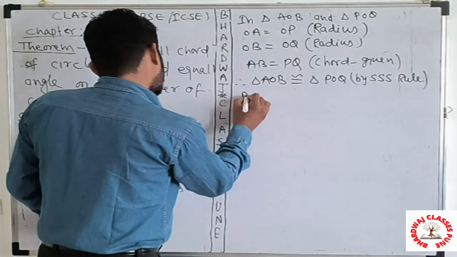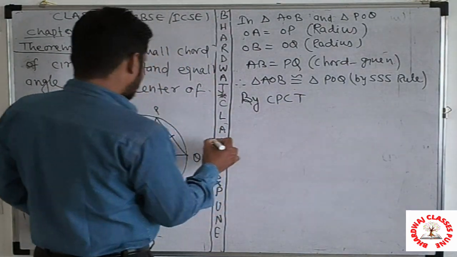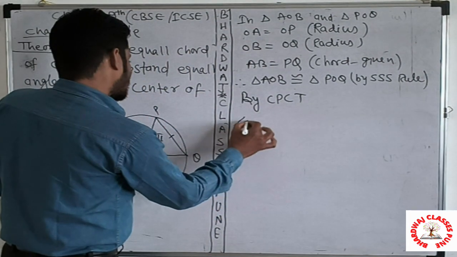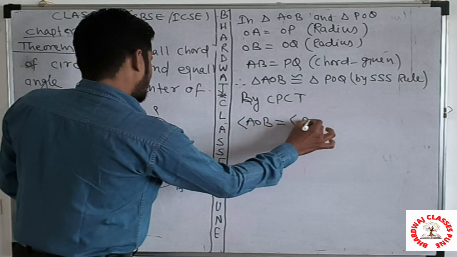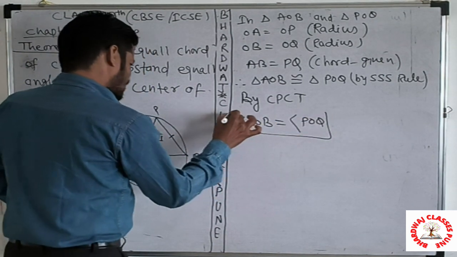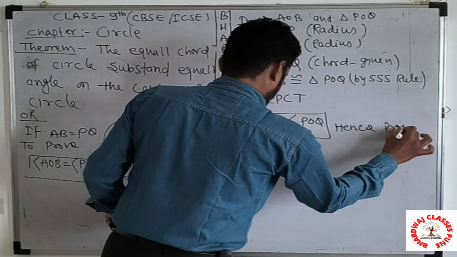So by CPCT we can say that angle AOB is equal to angle POQ. That is the required proof of this theorem. Hence proved.